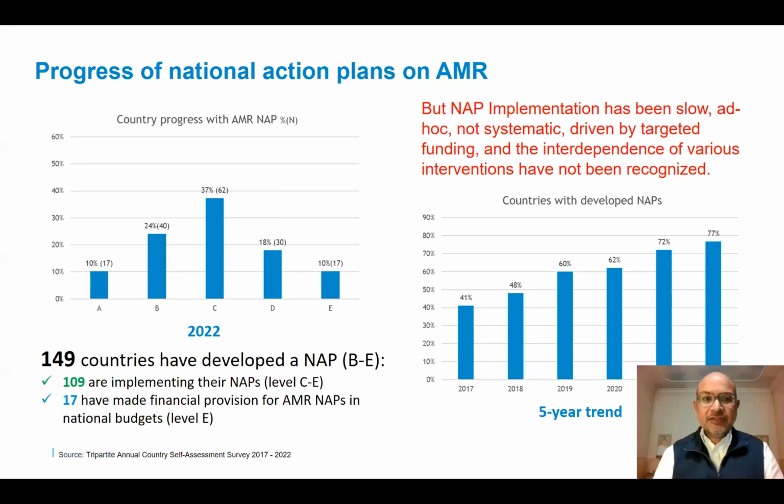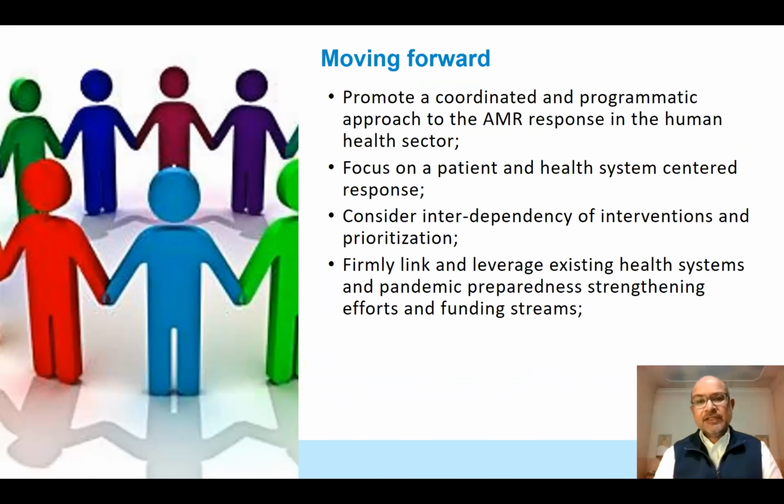So moving forward, what would we like to do? We are planning on developing a more people-centered approach that would promote a much more coordinated and programmatic approach to addressing AMR. It will focus on the patient and the health system challenges and how we address these, including through community initiatives.